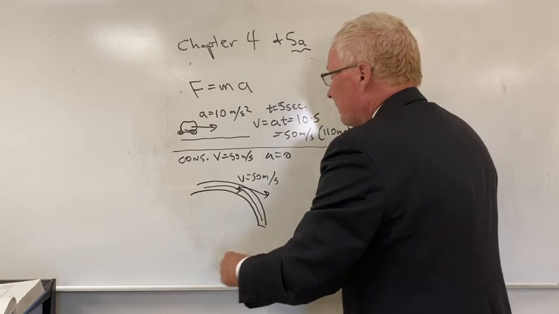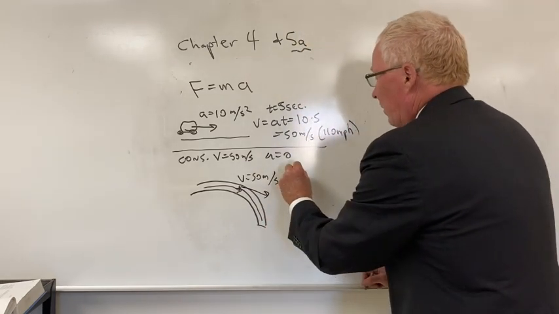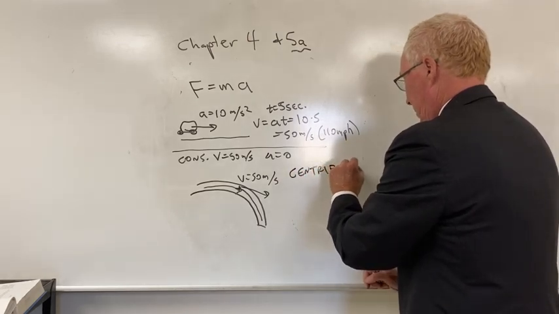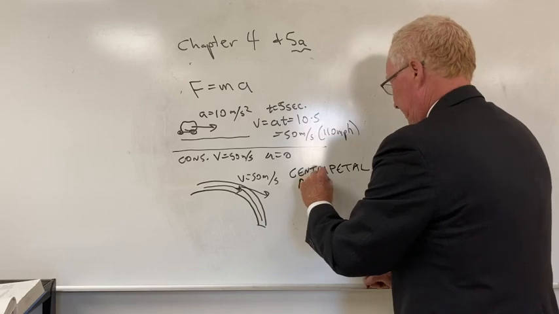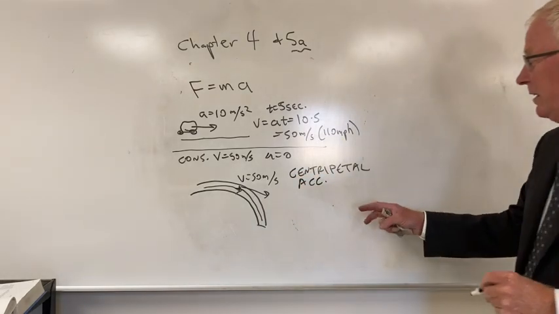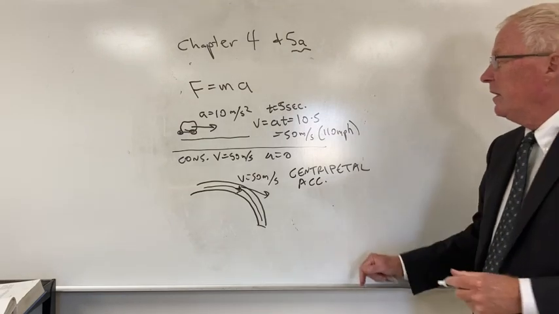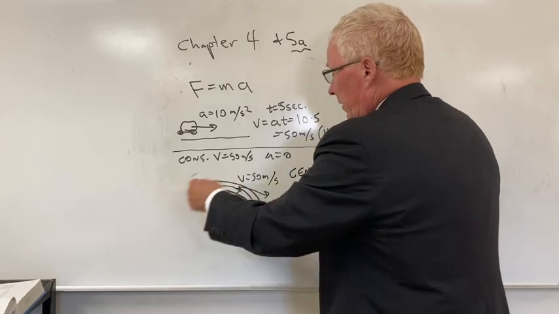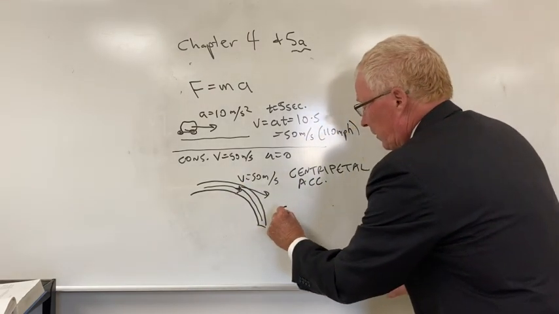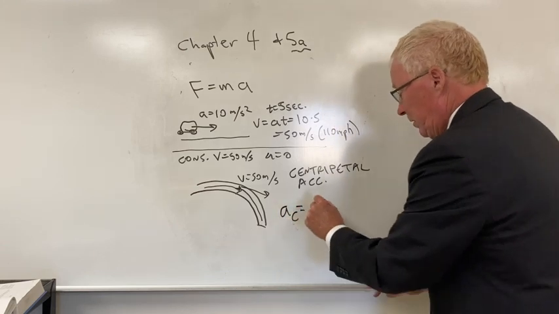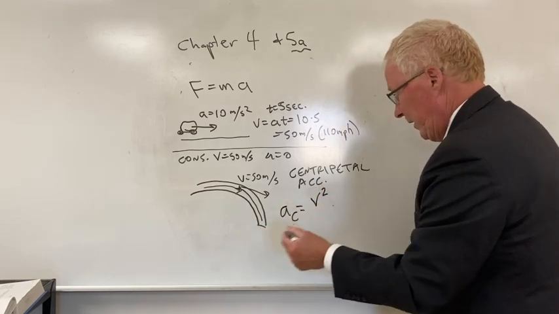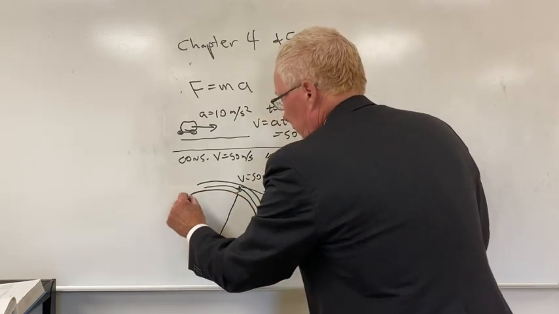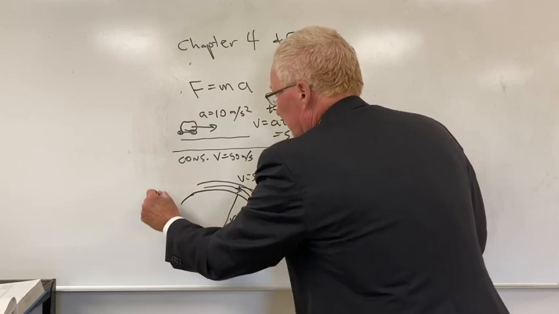Every single moment, this is related to what we call centripetal acceleration. It's the same kind of acceleration as linear, but it's calculated differently. The centripetal acceleration, AC, depends on your velocity squared, the speed squared, divided by the radius of curvature of your turn or circle.